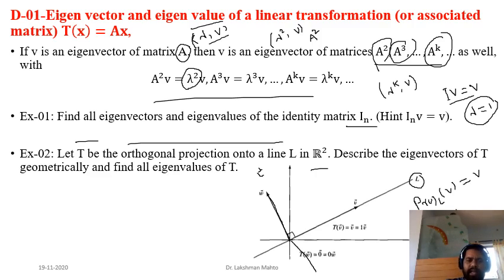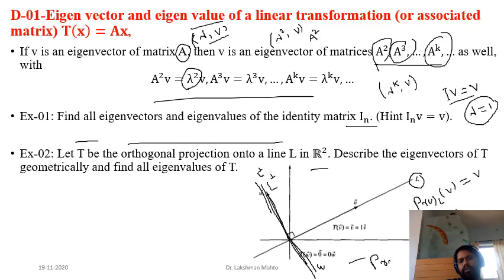That means you take a line perpendicular to the given line L, which I'm calling L perp. The projection of any point on L perp will always be projected to 0. So suppose W is here, what would be the projection of W?